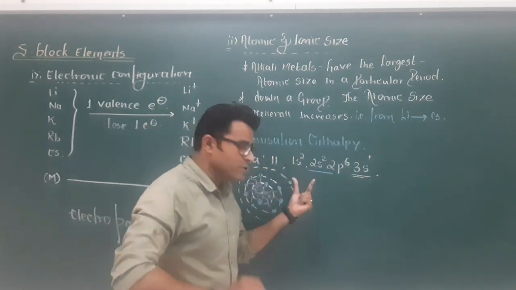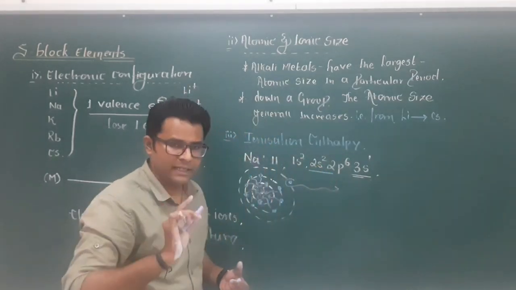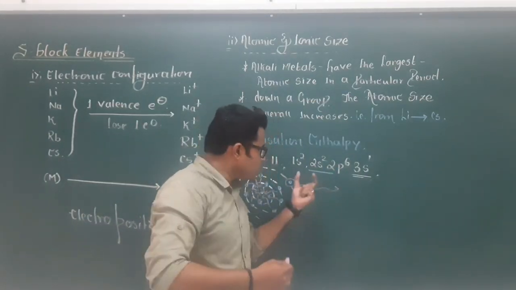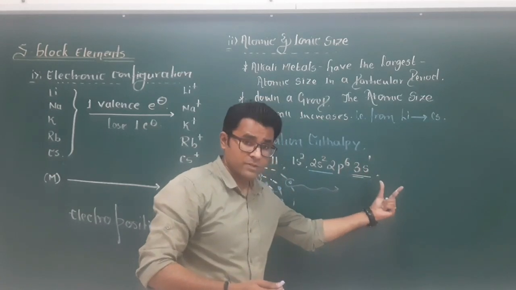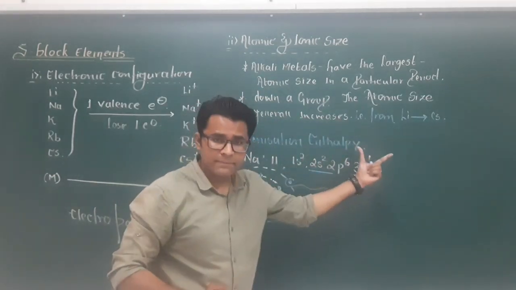As it has been reduced, we can easily remove this electron. Supplying a small amount of energy would lead to removal of the electron. Nothing more than that is the ionization enthalpy.